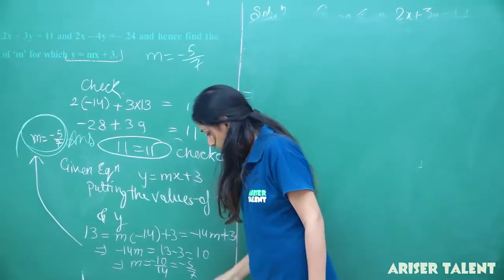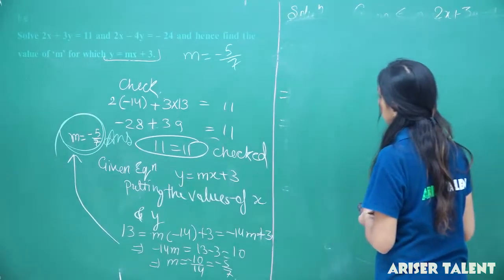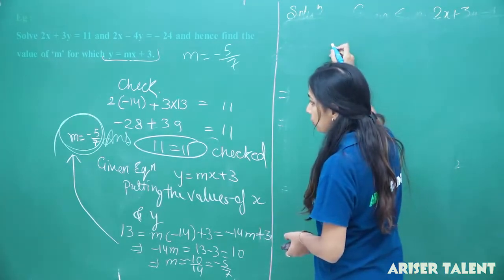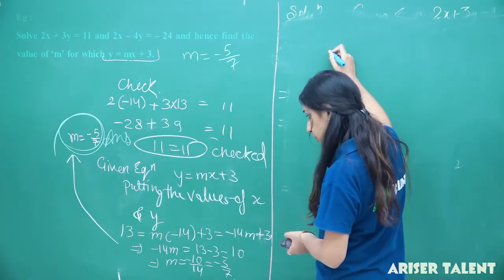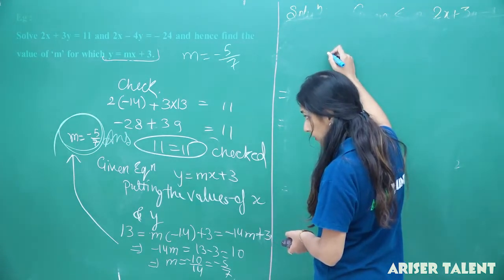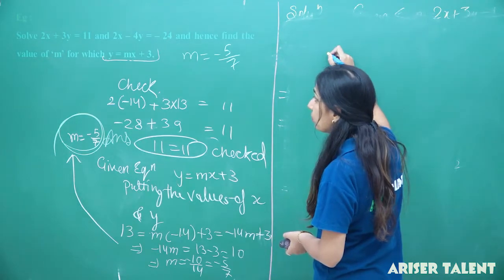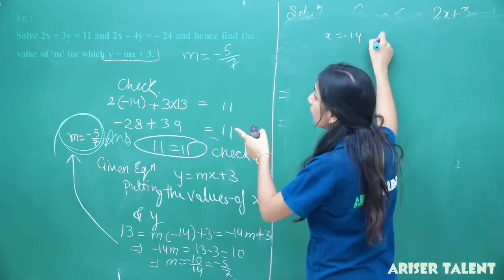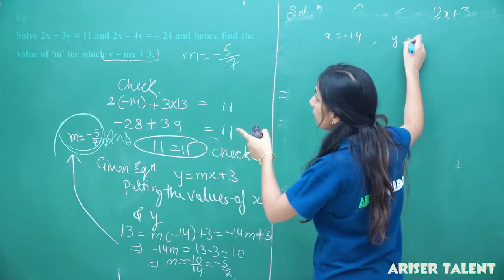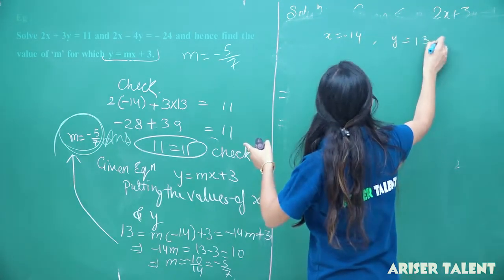Now, students, you can also see this, that we have x equals to minus 14 and y equals to 13, right?